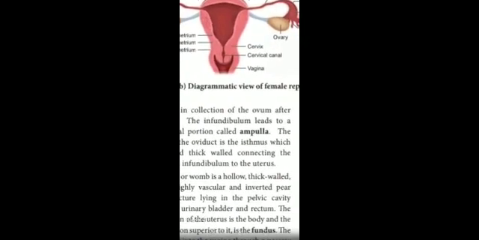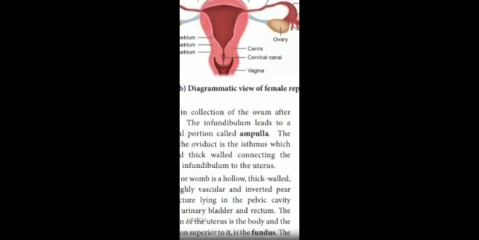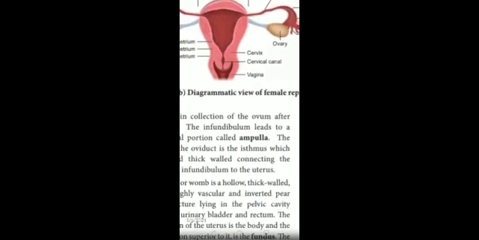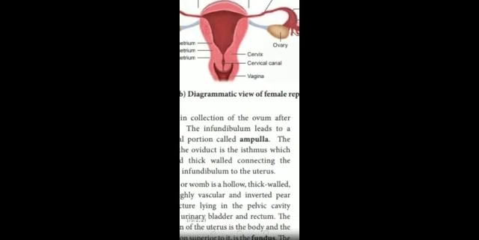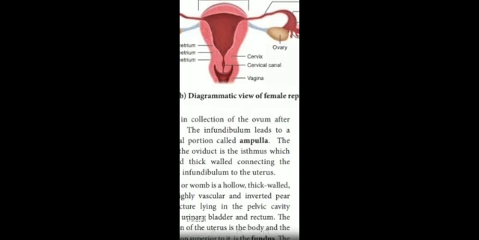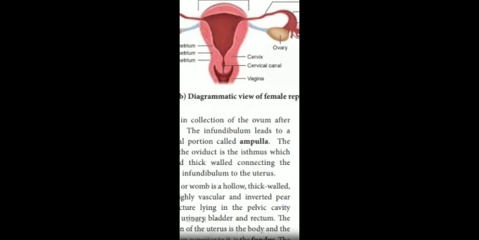And there are some accessory glands also in the reproductive system. We'll see that. The Bartholin's glands are located posterior to the left and right of the opening of the vagina. The Bartholin's glands secrete mucus for lubrication of the vagina and are homologous to the bulbourethral glands of the male.